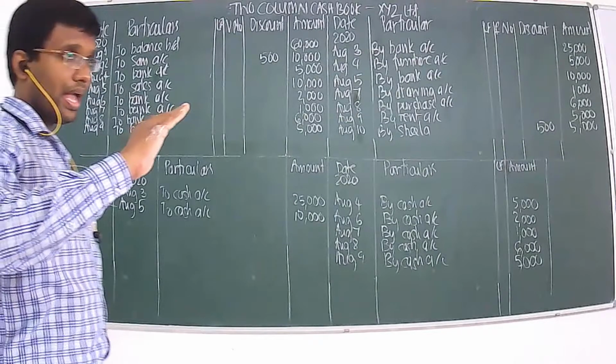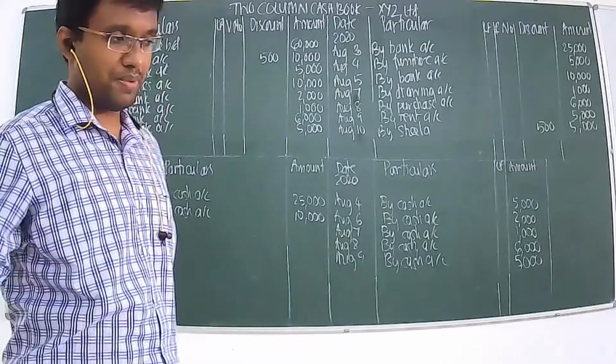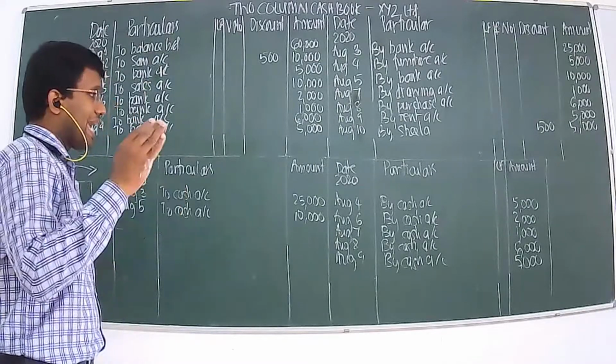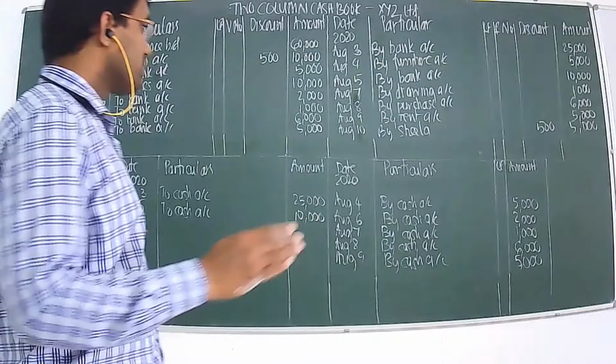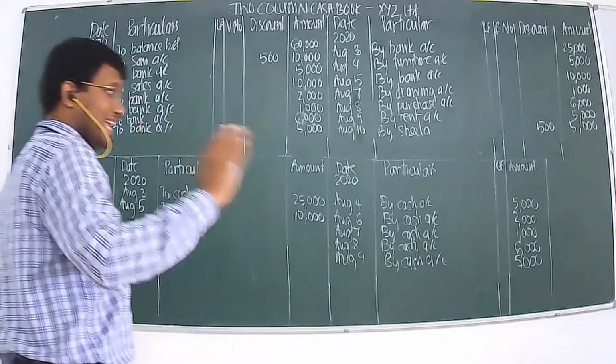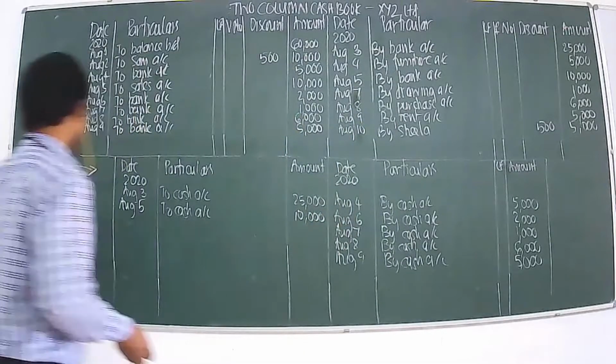Now, any balance over and above 2,000 rupees, I'll repeat that, any balance over and above rupees 2,000, you will have to take that and deposit that into the bank. Let me give you an example.